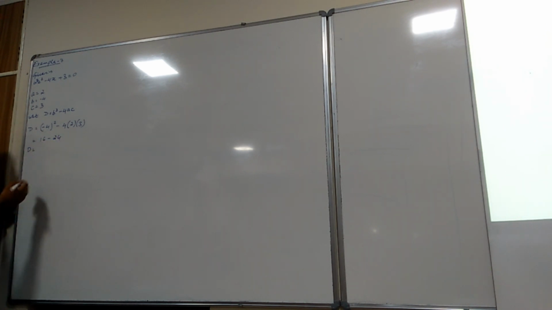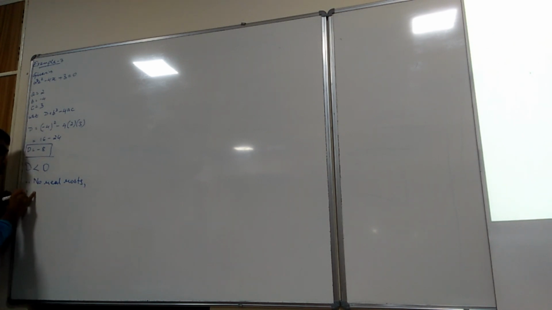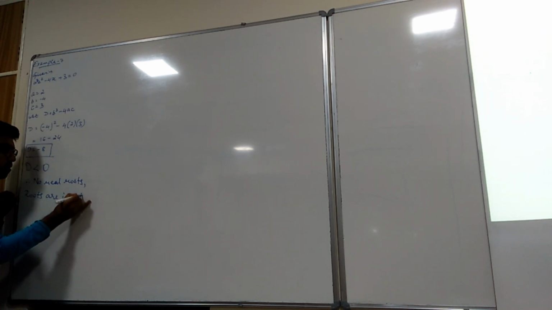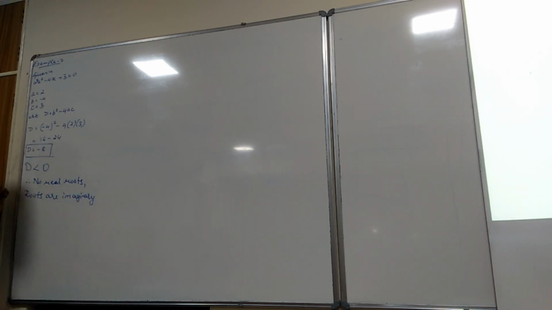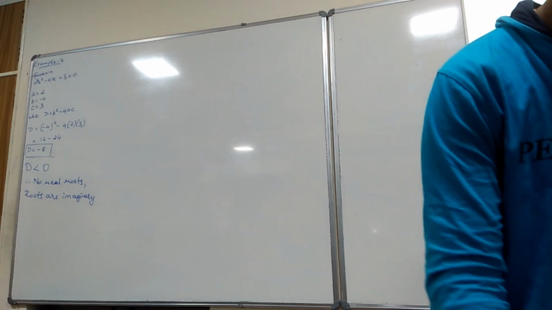D is equal to minus 8. D is less than 0. So what can you conclude by this? Therefore, no real roots, the roots are imaginary. Clear? Doubt? Okay, write down.